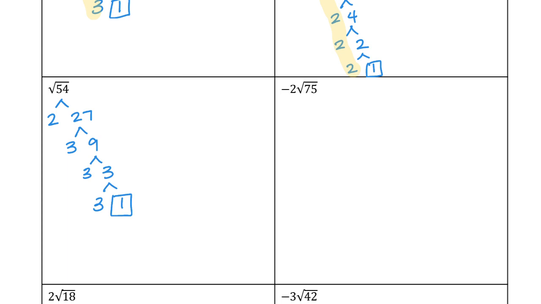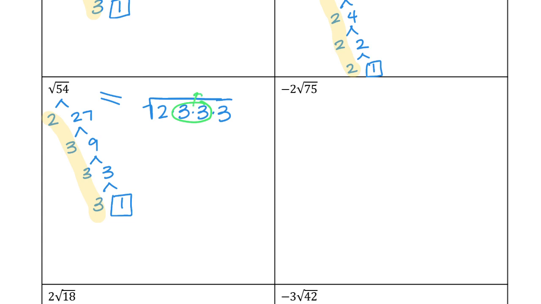So we are going to rewrite the square root of 54 with our prime factors. So this would be the square root of 2 times 3 times 3 times 3. Once we've rewritten it like this, we're looking for any pairs of prime numbers. In this case, I only see one pair, and that is a pair of 3s.